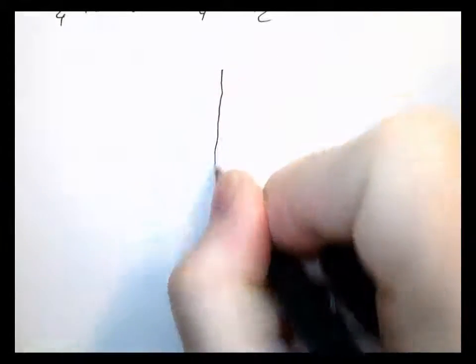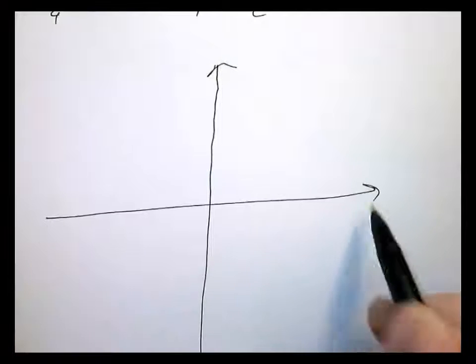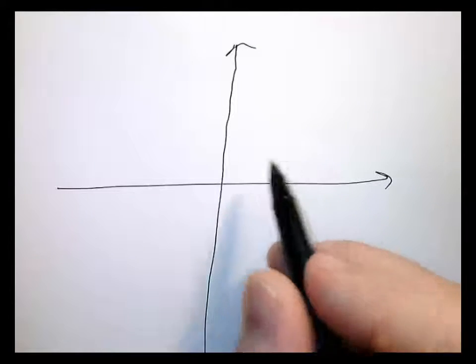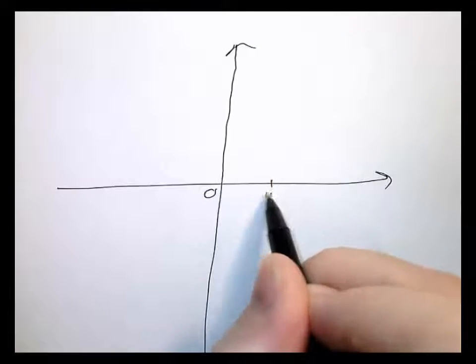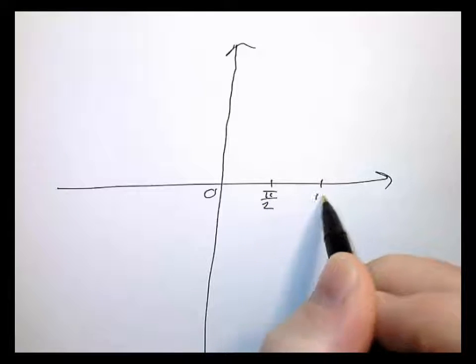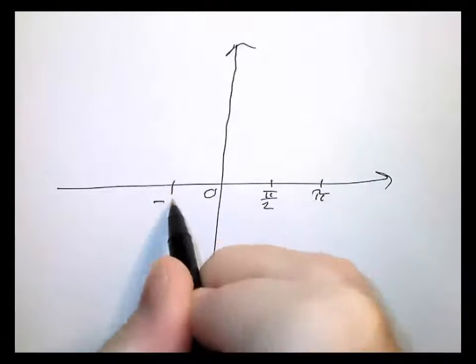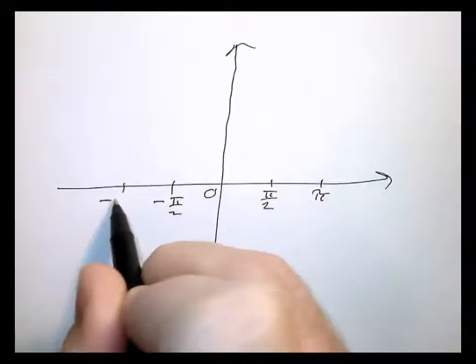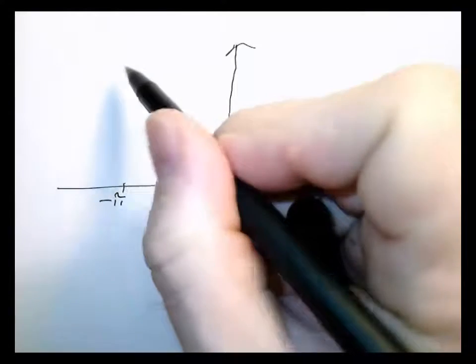And so I'm going to have my points of interest here. So I'm going to have 0, pi over 2, pi, negative pi over 2, negative pi.